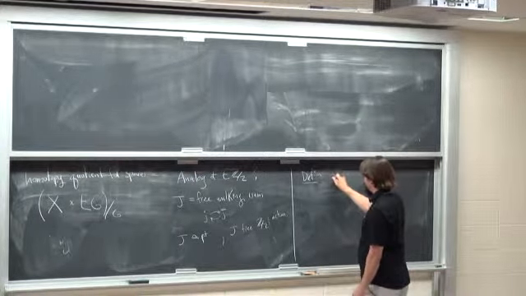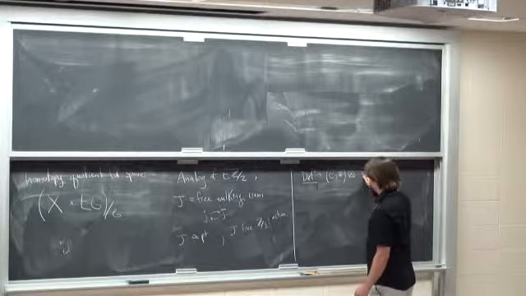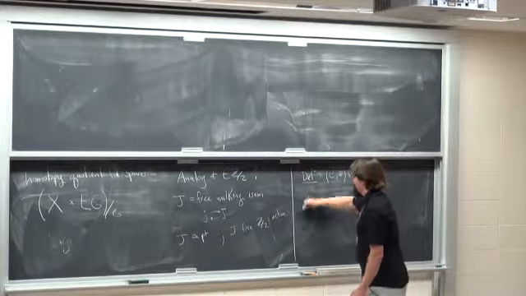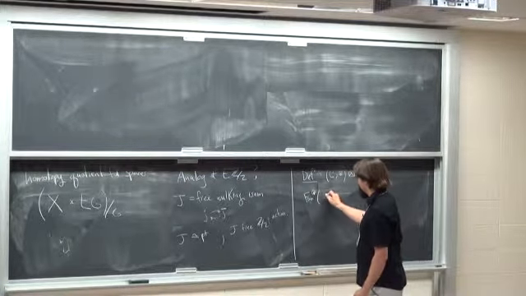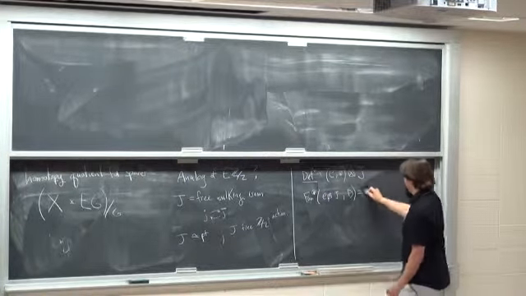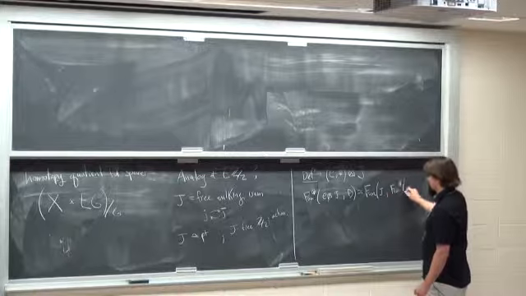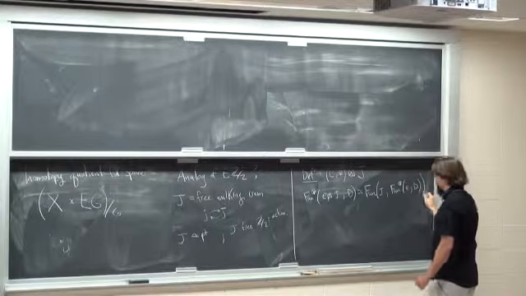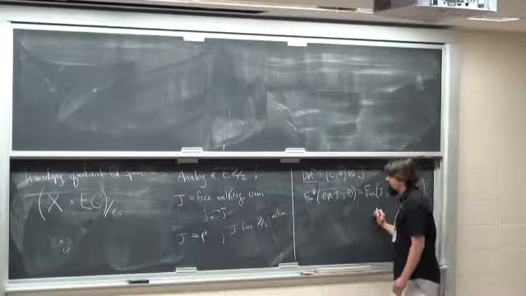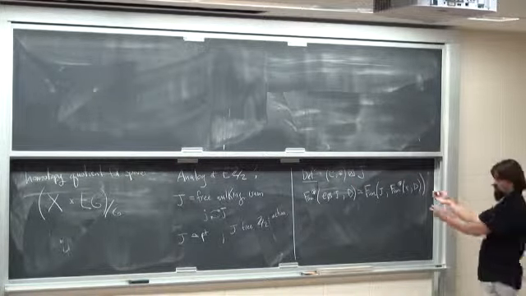So given the symmetric monoidal category C, I'm going to define a new symmetric monoidal category, C tensor J, and it has the following property: symmetric monoidal functors from C tensor J into D are the same thing as ordinary functors from J into symmetric monoidal functors from C into D. So proving this thing exists is very similar to proving that there exist free symmetric monoidal categories generated by ordinary categories.